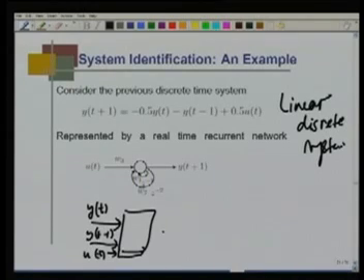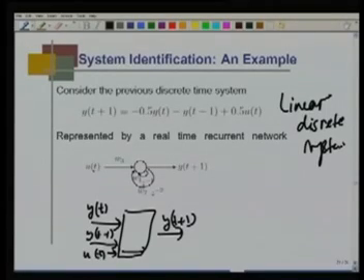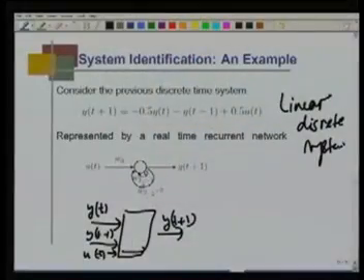So, you have 3 inputs and output is y t plus 1. In contrast, the recurrent network is a memory network because it has its own internal memory, and u t is the input and y t plus 1 is the output. So, here the first one is single delay and second one is double delay.